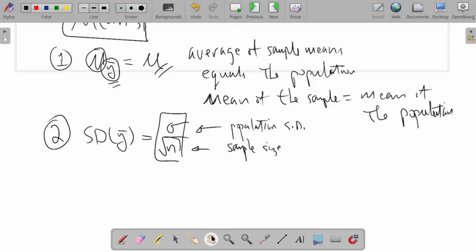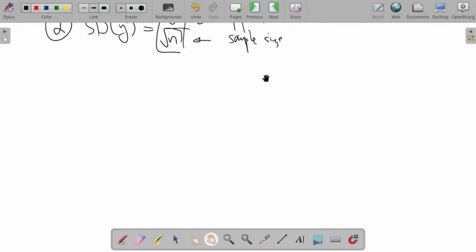So the next two properties are simply sentences. First one's common sense. And it comes down to this.